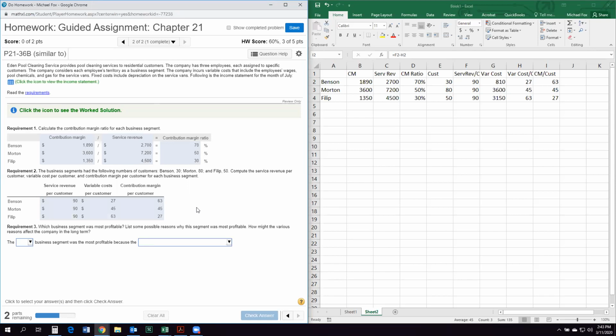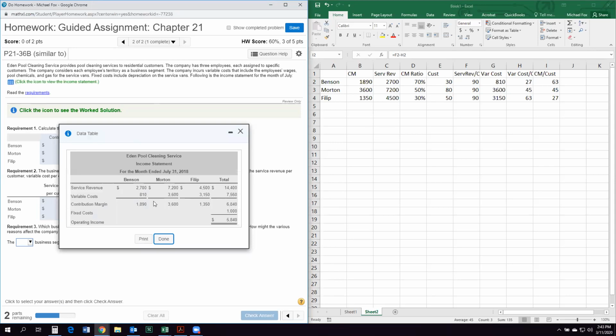All right, so now they want to know which business segment is most profitable. So I can look right here at the data and see that it's Morton. Morton is definitely making more profit than the others, a higher contribution margin. Benson has a higher contribution margin ratio.